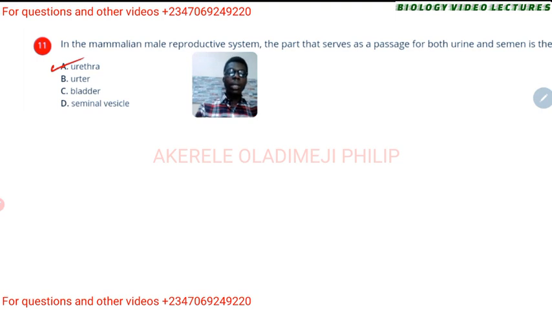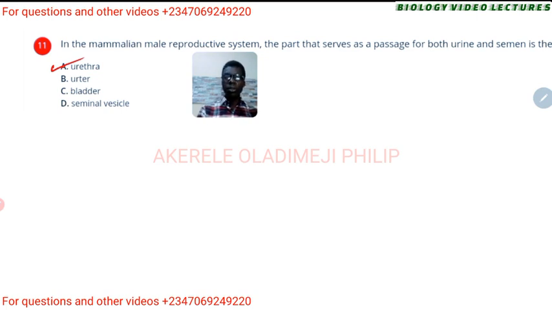Yes, the humans only have the penis that has urethra through it, and that's what is used for urination, and that's what's also used to pass out semen. This question can also tell you which of these following is used for reproduction and for excretion. It means the same thing. So reproduction means it's passing out semen. Excretion means it's passing out waste product, which is urine, so to say.